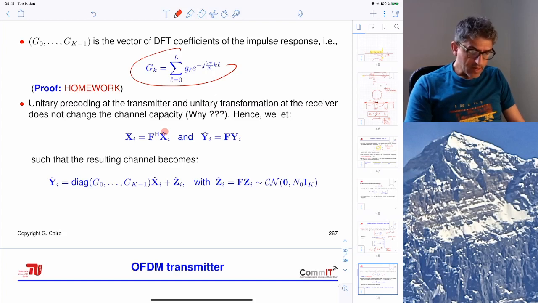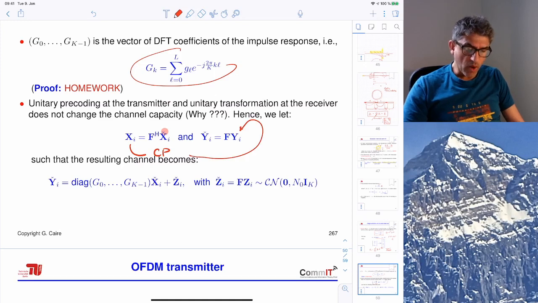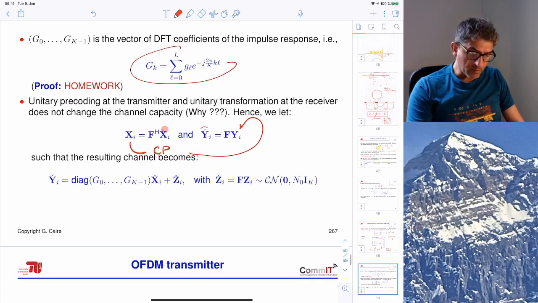So from xi check, we obtain the block xi. Then we do cyclic prefix to these blocks and we send it through the channel. We collect the corresponding block of yi's and then we apply DFT by multiplying by F, obtaining the output yi check.